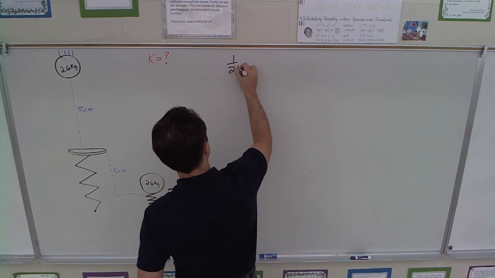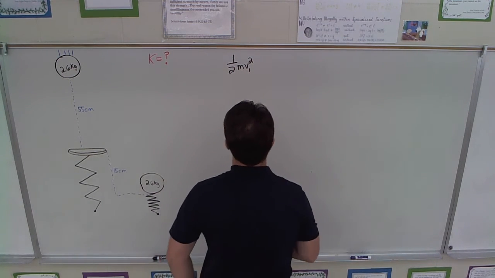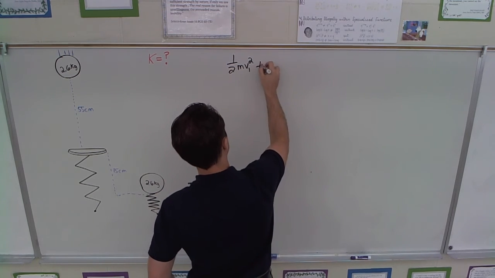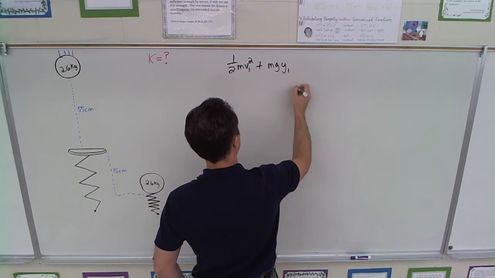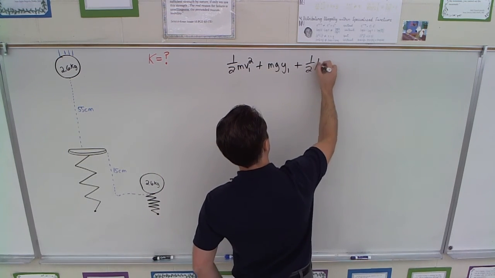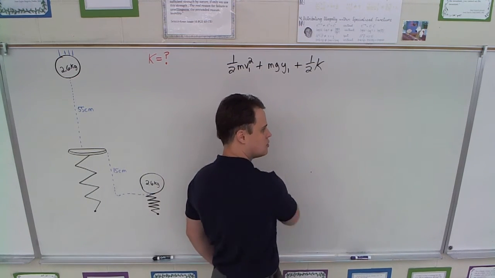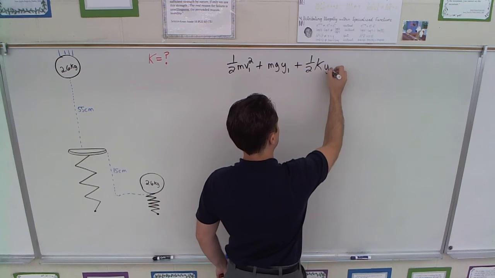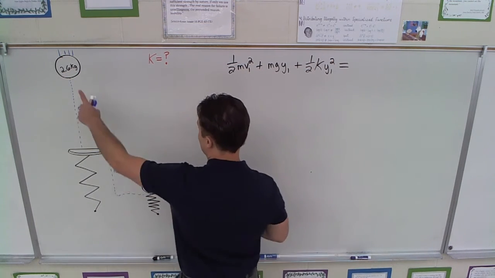So kinetic energy is going to be 1/2 m, I'm going to call it V1 for that point in time, squared, plus the potential energy, mg, and this is up above, so I'm going to call it y1, plus spring energy, 1/2 k, and usually you say x here, but we're going up and down with these springs, as you can see over there, so I'm going to call it k y1 squared.